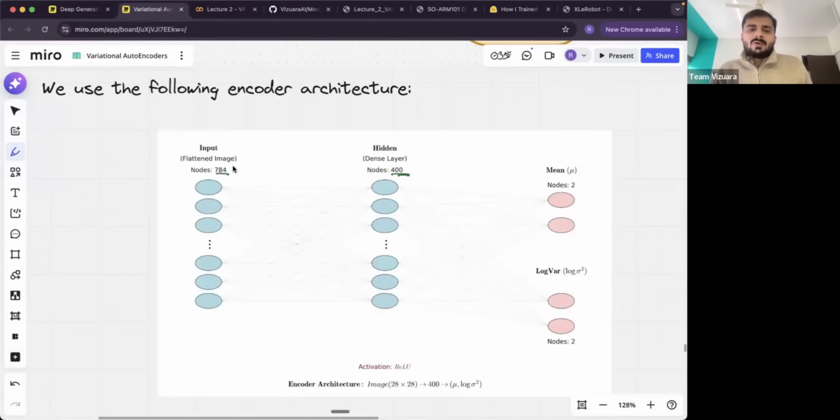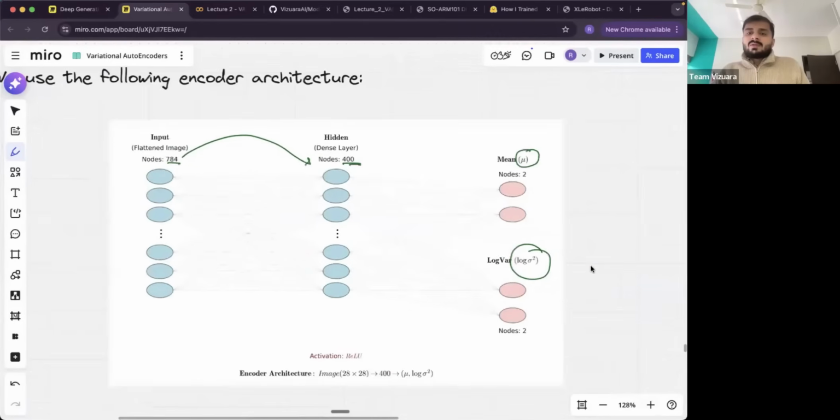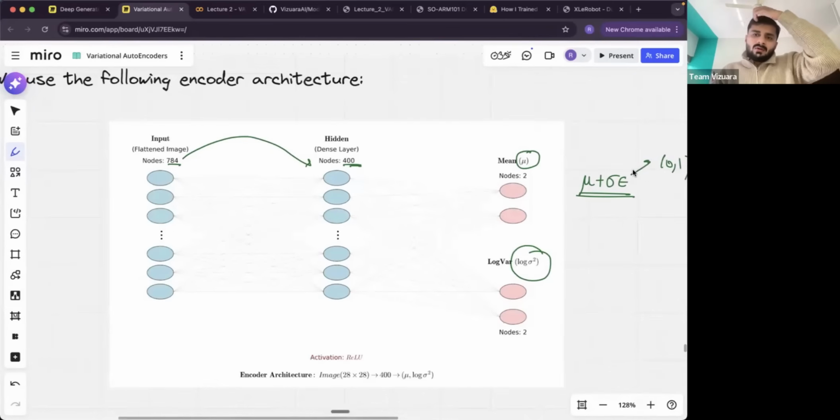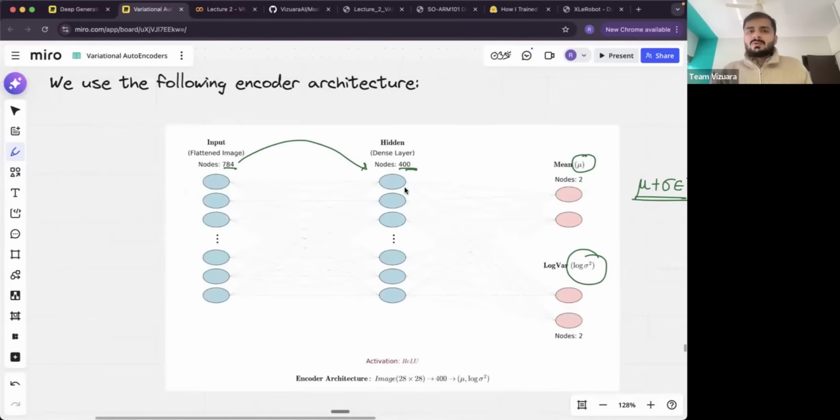So from 784, we transform it to 400, and then we predict these two as the output, the mean and the variance. Now, how do we predict Z from the mean and the variance? You simply do mu plus sigma times epsilon, where epsilon is just a random variable which takes a value between 0 and 1. So this is the encoder architecture that we have used in our code.